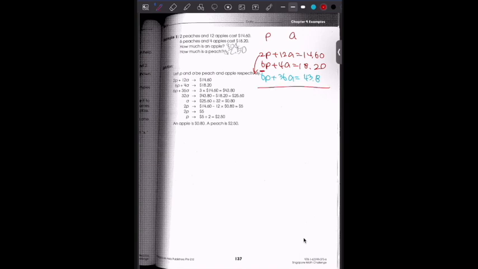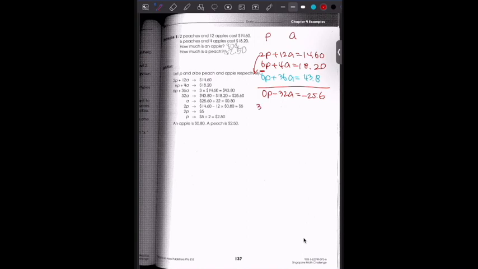That gives us 0p minus 32a equals 18.2 minus 43.8, which is negative 25.6.